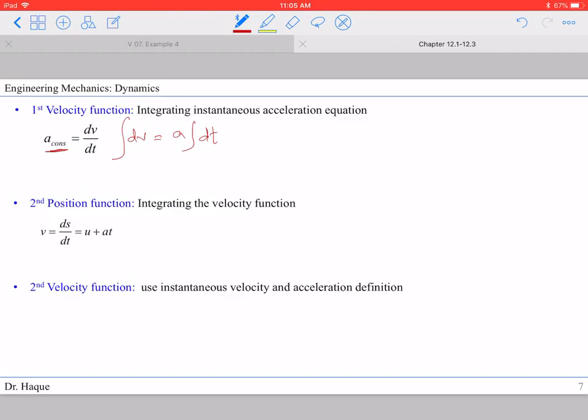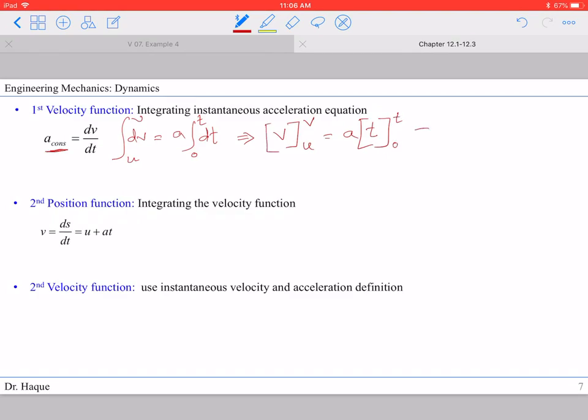The limit of the integration would be initial velocity u, final velocity v, initial time 0, final time t, and that would give us v minus u, a, again for t, 0 to t.